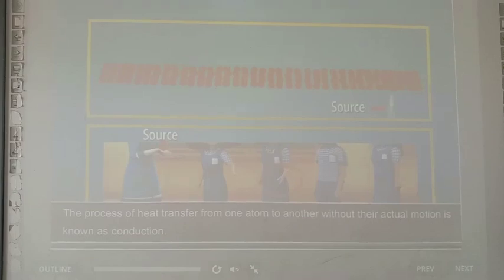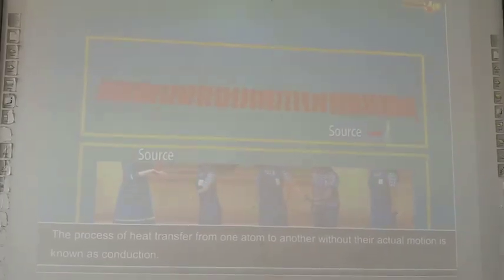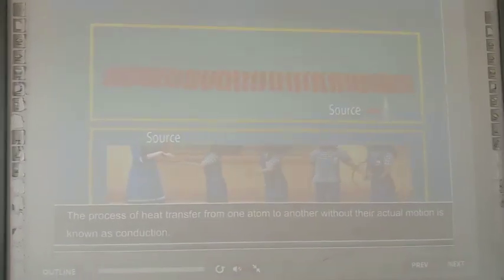These vibrating atoms collide with their neighboring atoms and transfer their energy to them. With the passage of time, the energy of the atoms increases. The heat energy is transferred from hotter end to colder end. This process of heat transfer from one atom to another without their actual motion is known as conduction.